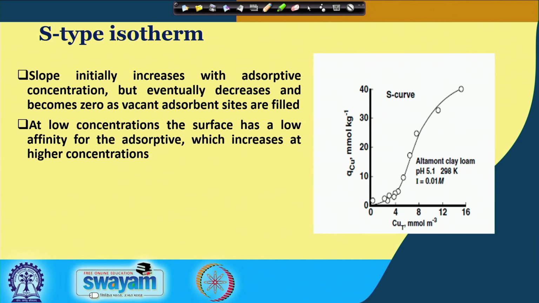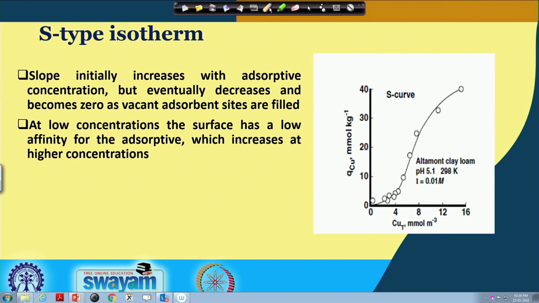So, obviously you can see that initially it increases with adsorptive concentration. As we increase the adsorptive concentration, initially it increases, and then after a certain point you will see it decrease and ultimately go to 0 as the vacant adsorbent sites are filled.